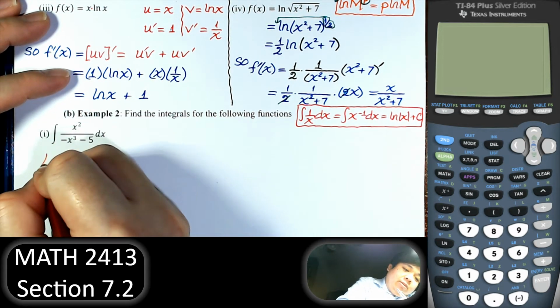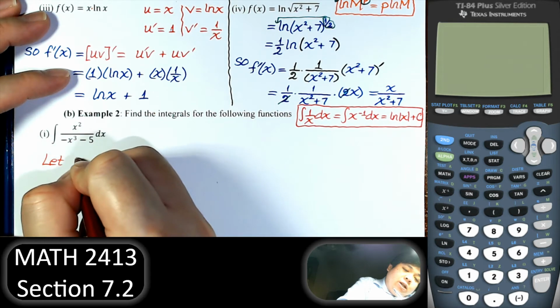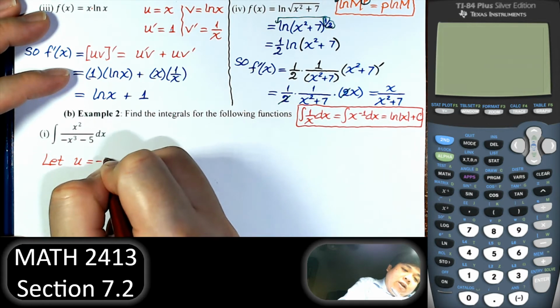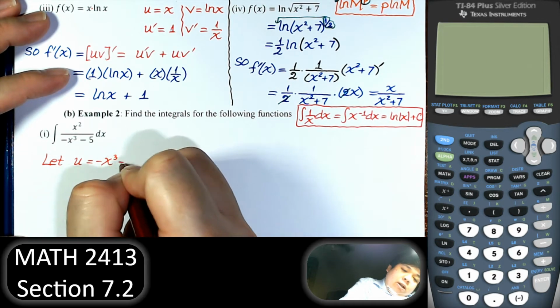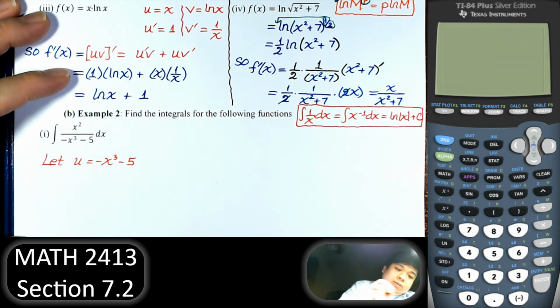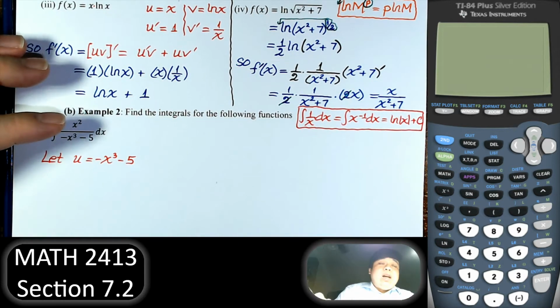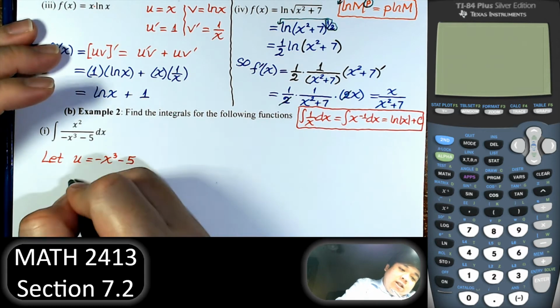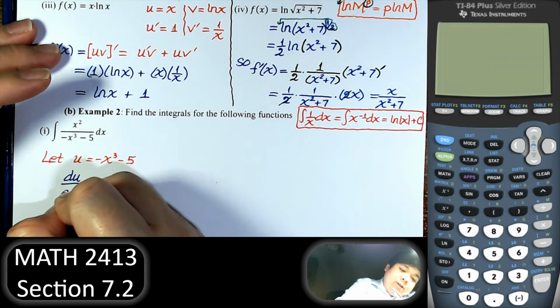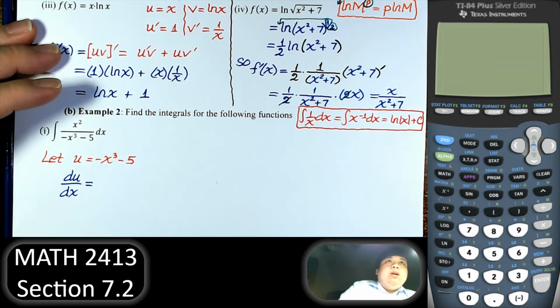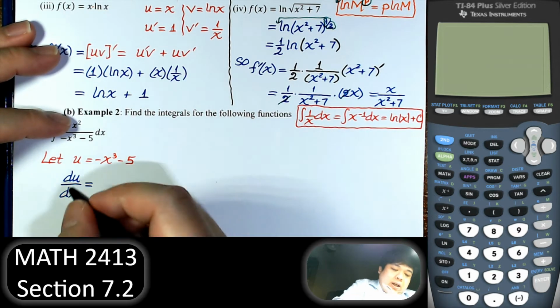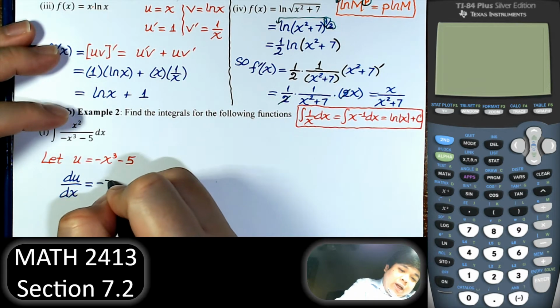So now, substitution: let u be -x cubed minus 5. Now we take the derivative and solve for dx. So the derivative is -3x squared.